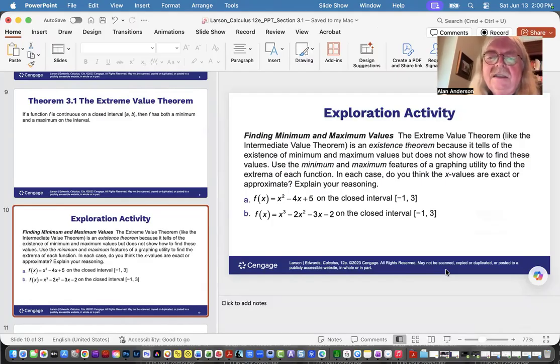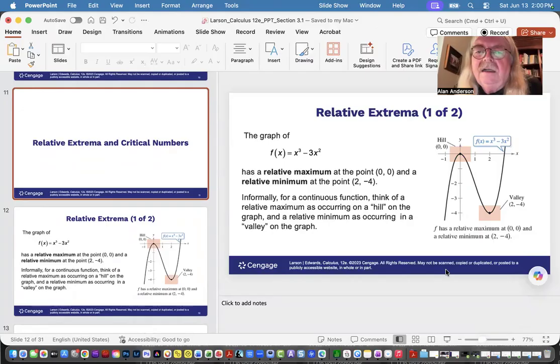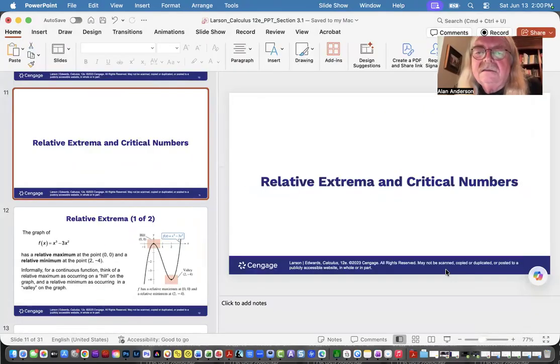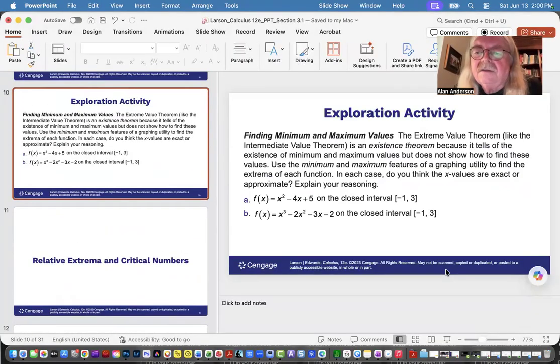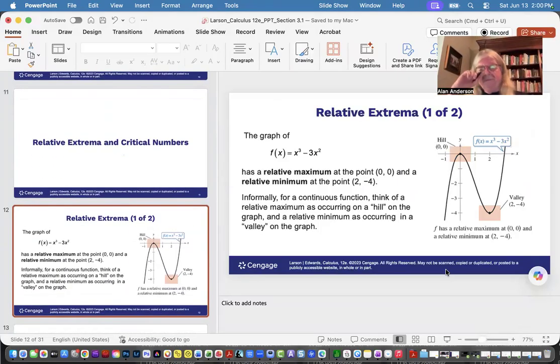All right. So let's see. We're going to start with this one. Let's see. No, I guess we're not going to do that one. All right, let's start with their first example. f of x.